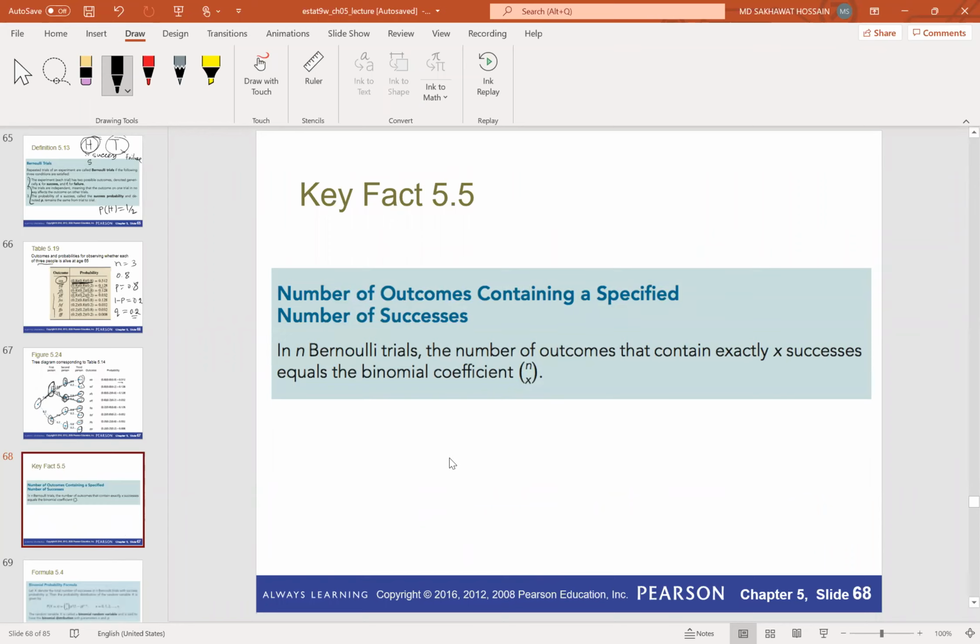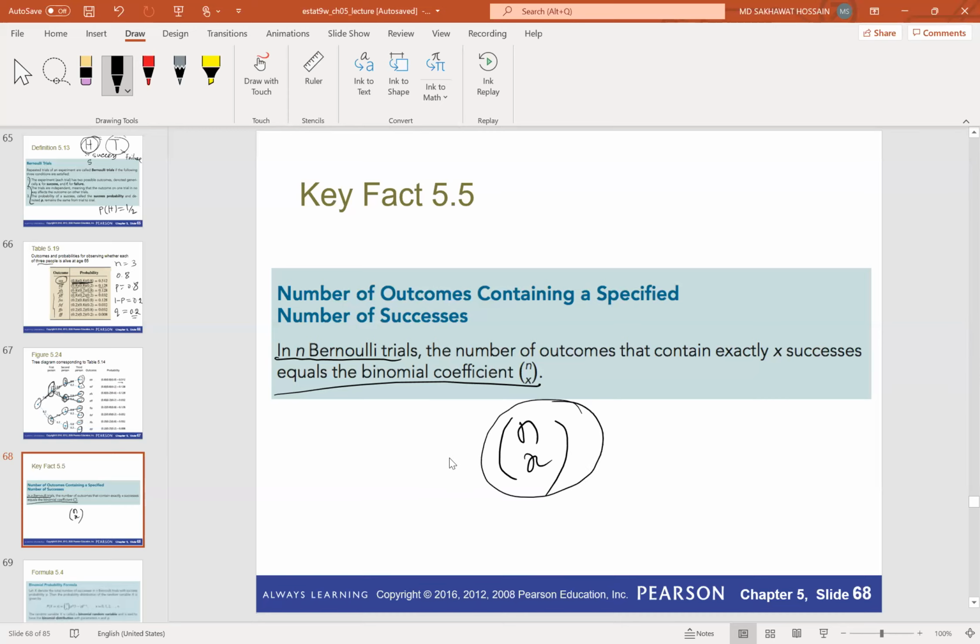So for binomial distribution, we need Bernoulli trials and the number of outcomes containing a specified number of successes. That means we also need this coefficient, n combination x. So in n Bernoulli trials, the number of trials is fixed, which is n. The number of outcomes that contain exactly x successes equals the binomial coefficient.